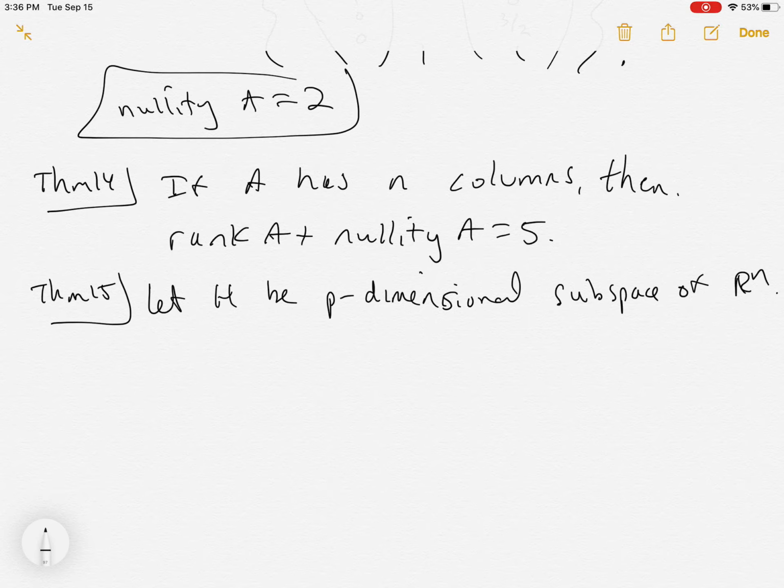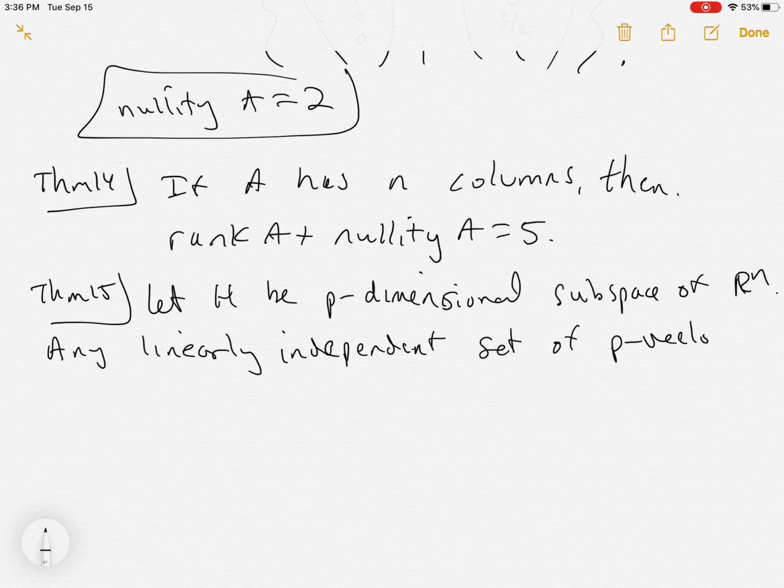So any linearly independent set of P vectors, and that number is important, is automatically a basis for H. So you get spanning for free.